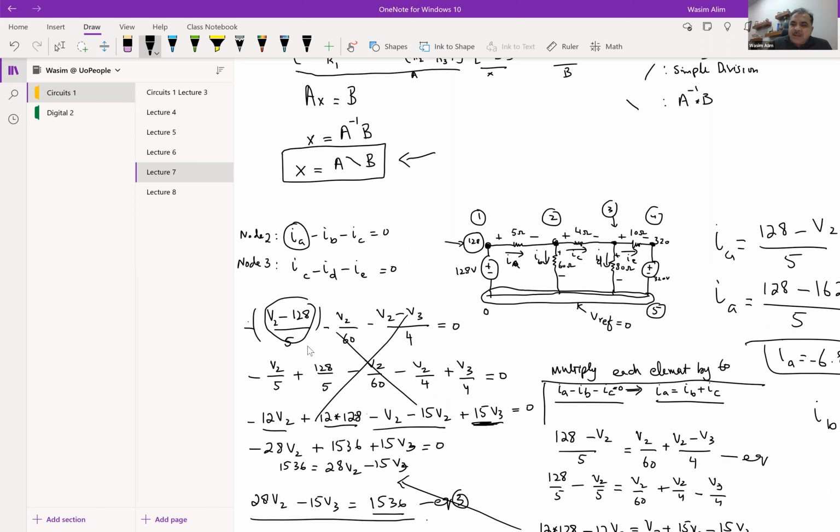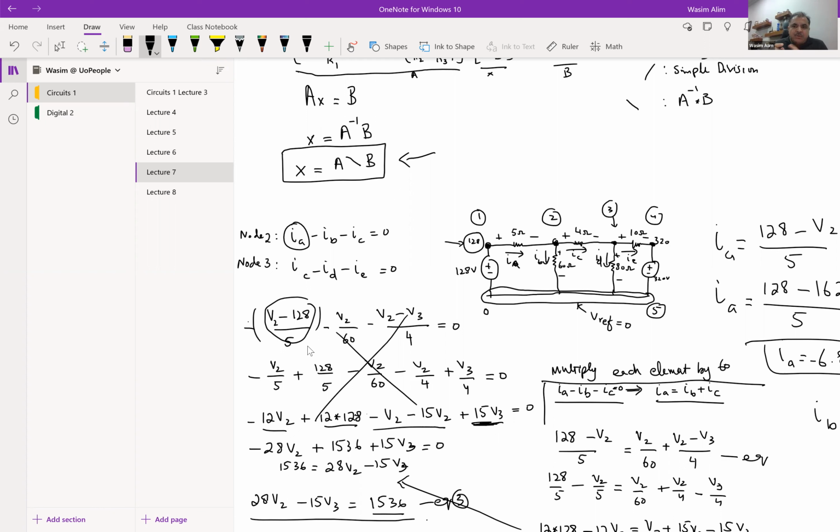Same thing can be said about node number 4, where you have a 320 volt source tied there. So with respect to the reference voltage, it is also 320 volts at node number 4, so that cannot be considered an independent node. That leaves us only 2 nodes in the middle, node number 2 and node number 3, which are independent. So we solve equations for those 2 nodes.